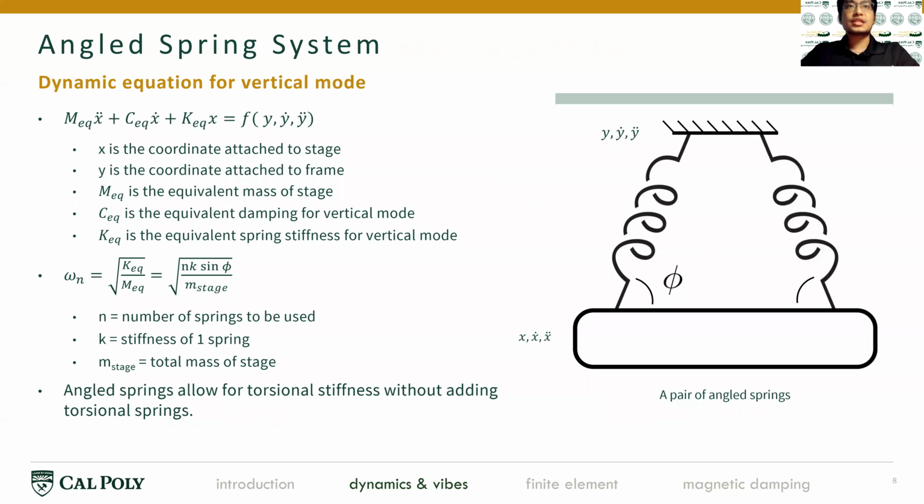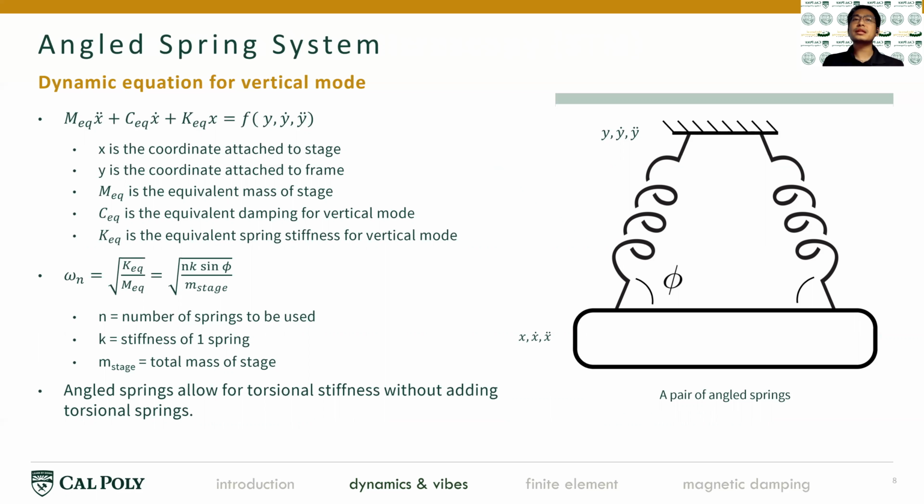So to design a successful VIS for those STM, we first analyze the mass spring system to hold the STM. We will look at the dynamic equation for the vertical mode. This is one of the 6 modes that occurs in the VIS.